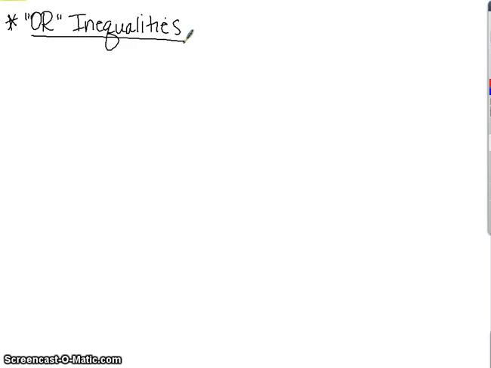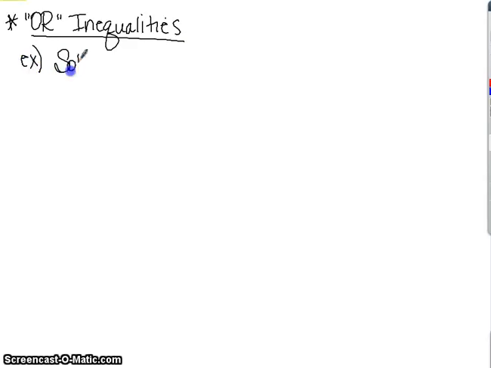Let's take a look at an or inequality. These are the inequalities that are going to be literally separated by the word or. So here's an example of what these look like.